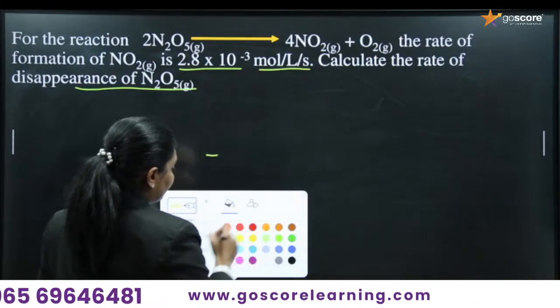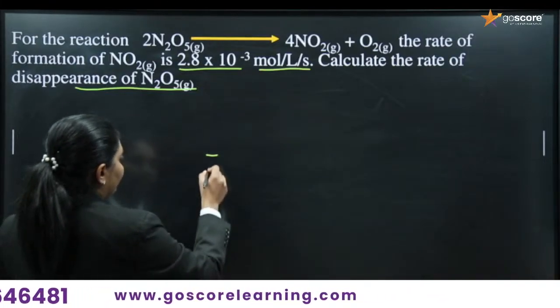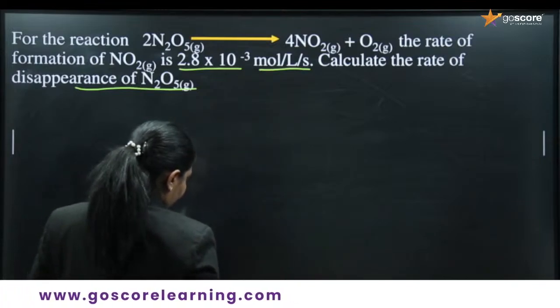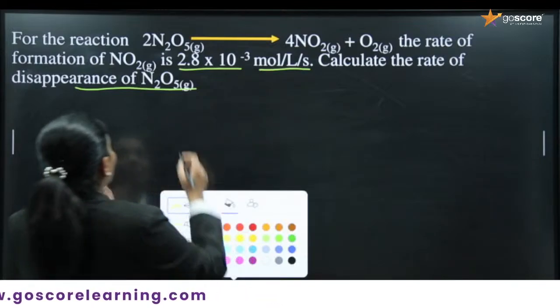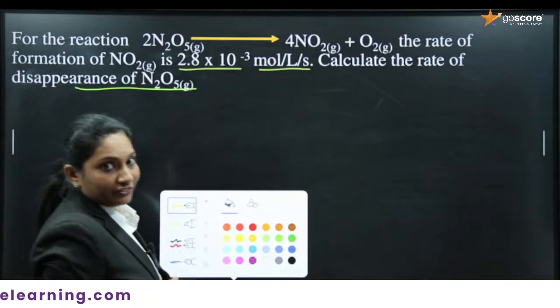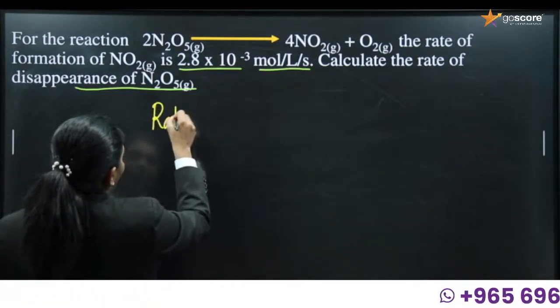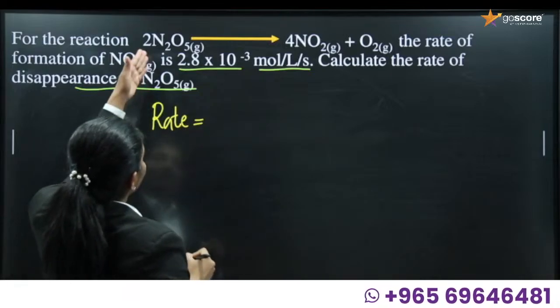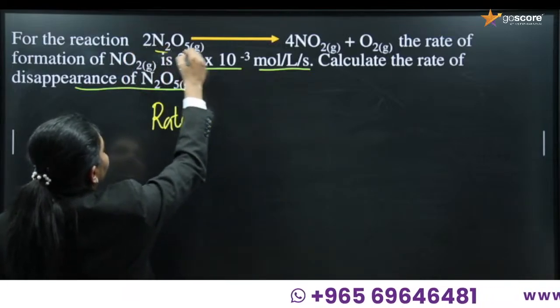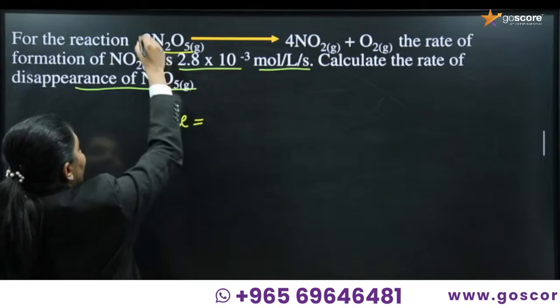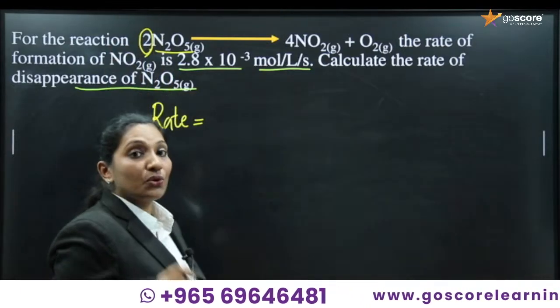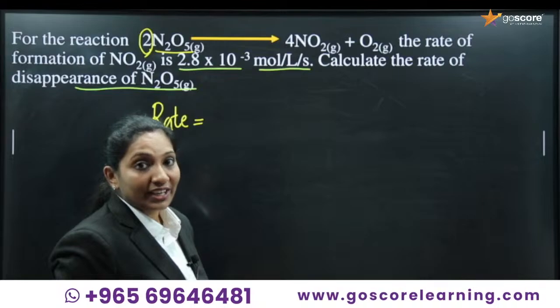Okay. So here, first we can write the rate of the reaction. See how we will write the rate. Rate is equal to, in terms of reactant, see here for the reactant N2O5 there is a stoichiometric coefficient. So how we will write the rate in terms of reactant?